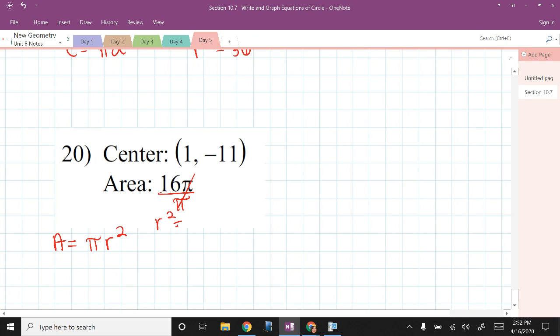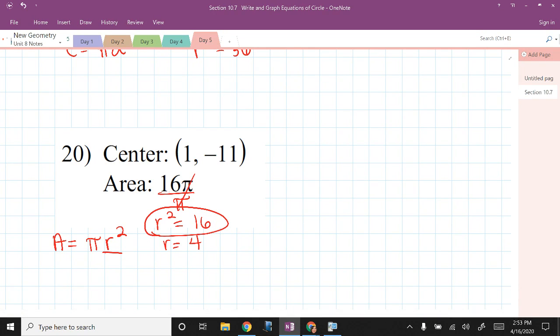So r squared is 16. And if I wanted just the r, that would go back to 4. But I'm actually going to need the r squared in my equation of my circle. So you divide by pi, and that leaves you with r squared. And so that means the radius was the square root of it. But we need r squared to do our equation.